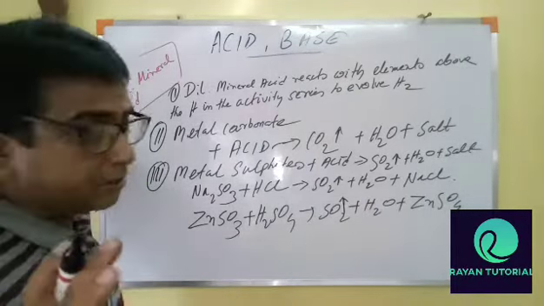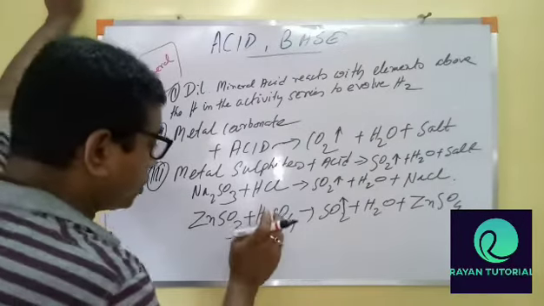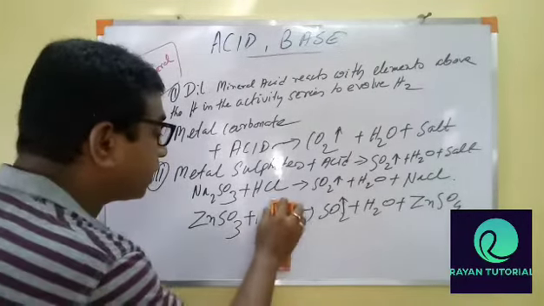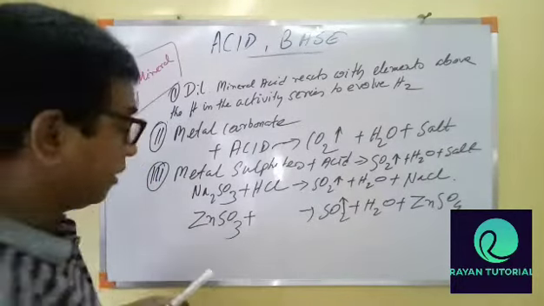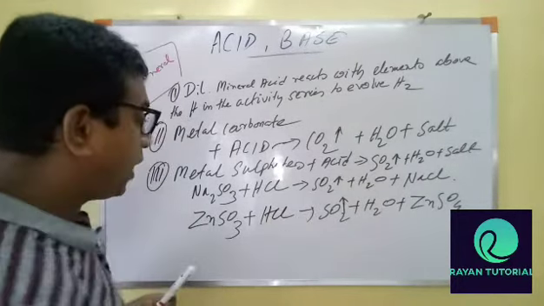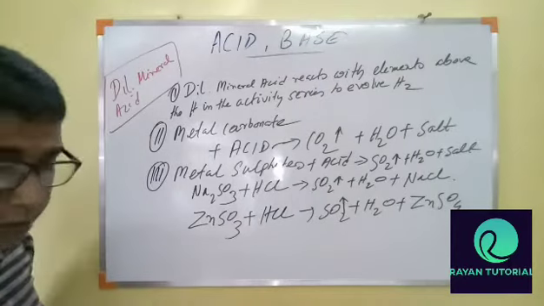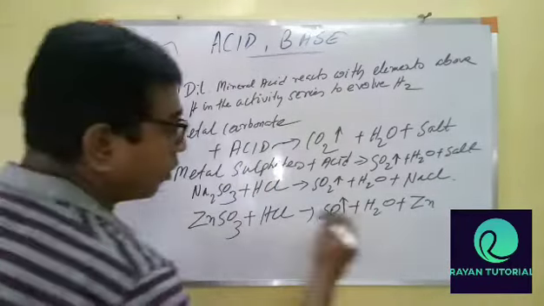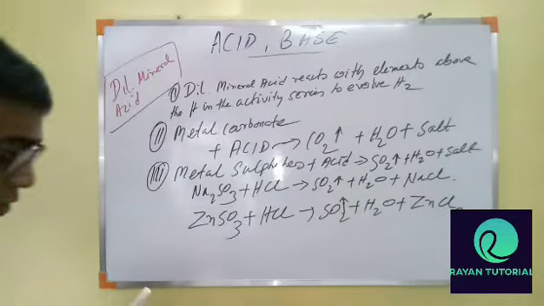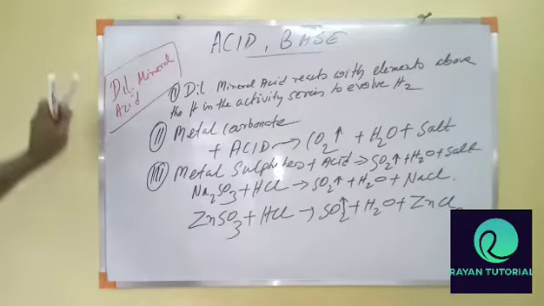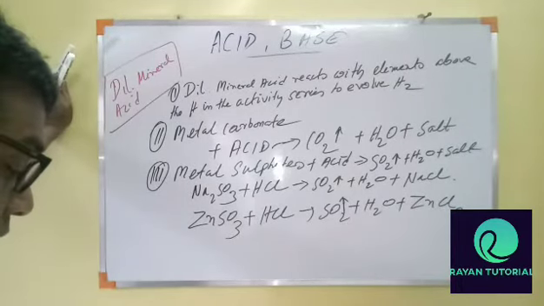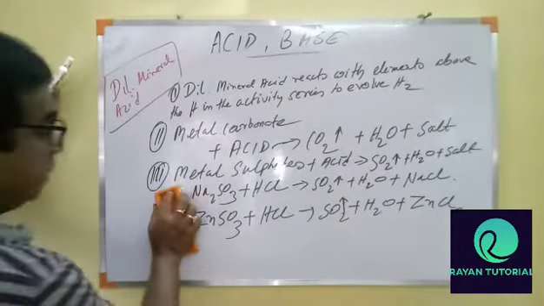Suppose instead of H2SO4 I want to take HCl. Okay, no problem. What will happen? Only this zinc sulfate will become zinc chloride, ZnCl. Clear?